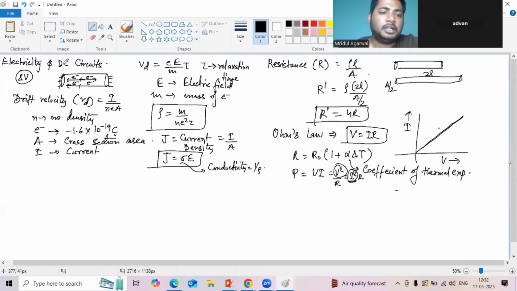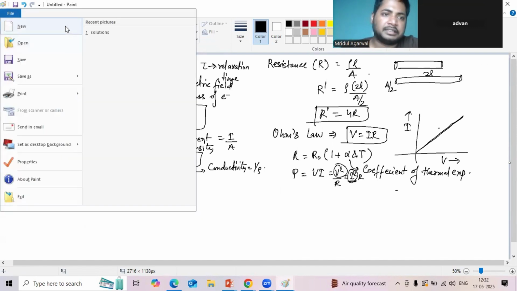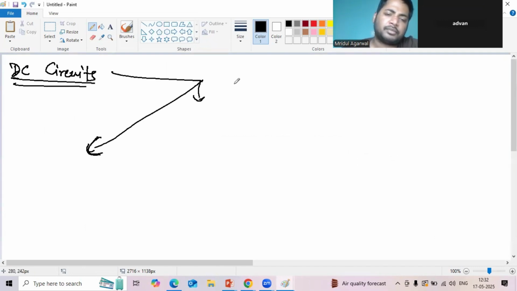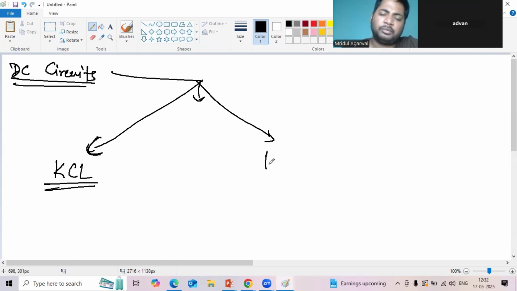Now we'll go to the DC circuits. In order to solve circuits, we have got two types of laws: KCL, that is Kirchhoff's current law, and KVL, that is Kirchhoff's voltage law.